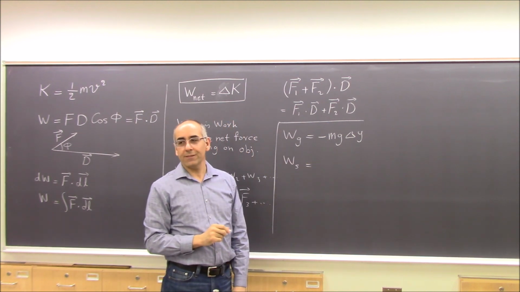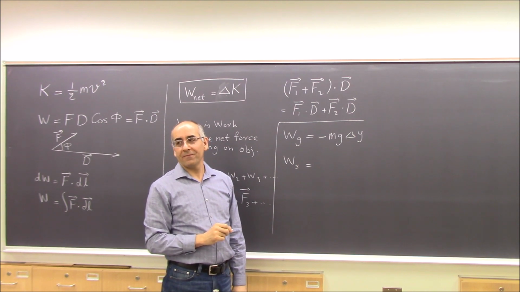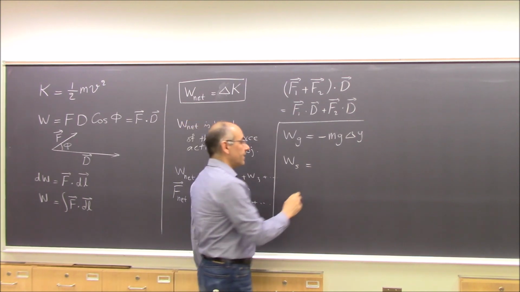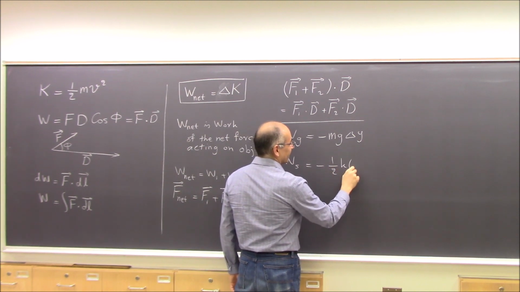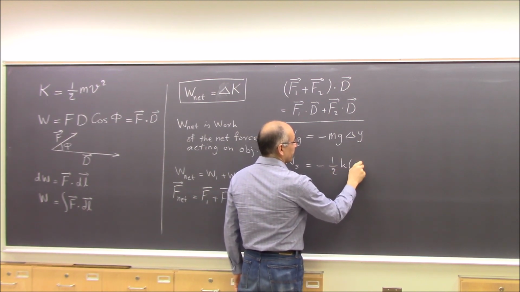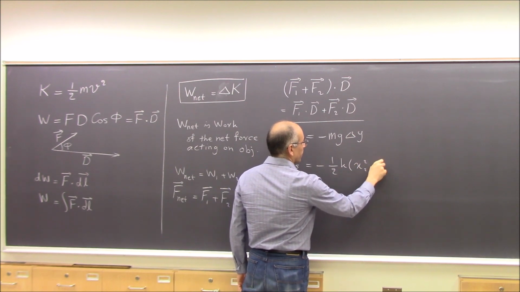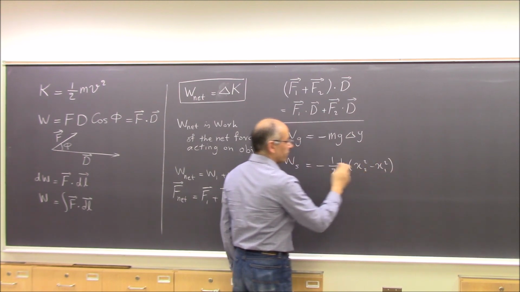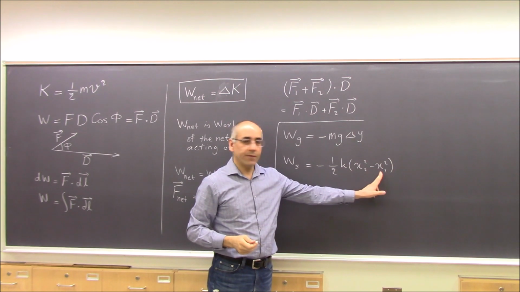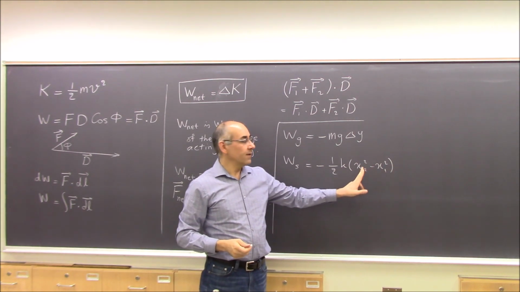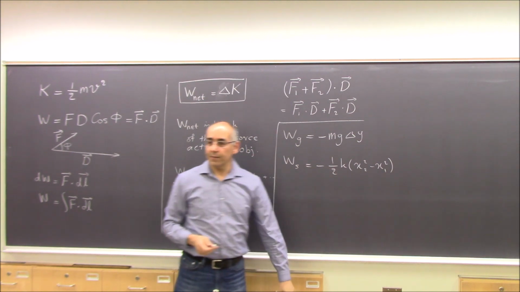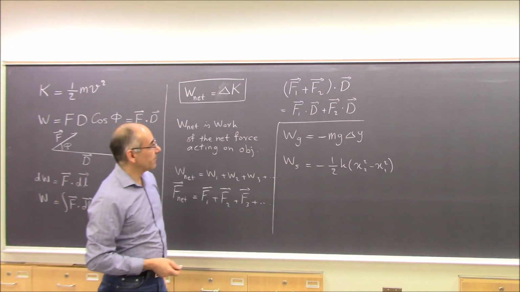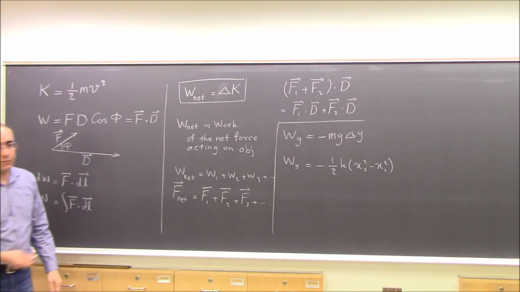Who remembers that one? Negative 1/2 k times x2 squared minus x1 squared if you go from x1 to x2. But if you go from equilibrium, where x1 is 0, to x, where x2 is x, it becomes negative 1/2 kx squared. Right? So these are what we had so far.